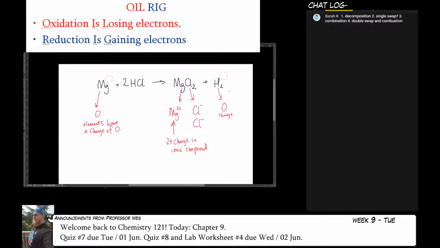Covalent compounds don't have charges, right? Now, HCl is a special compound. It's called an acid. An acid splits into these pieces as if they're ionic. And so this hydrogen has a 1 plus charge in the acid.